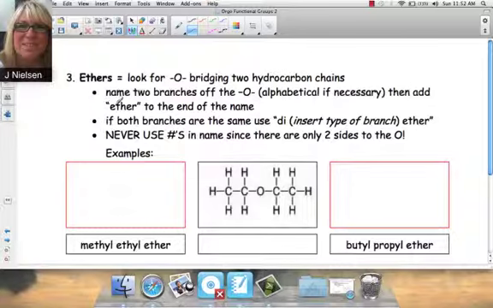So it should be useful for you to have your reference tables handy so that you can concentrate on three different things as we're talking about these different functional groups. You want to concentrate on the class column, which tells you whether it's an ester or an ether. You want to focus on the functional group, which tells you specifically what to look for when you're trying to identify a compound.